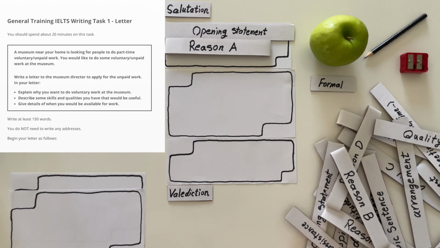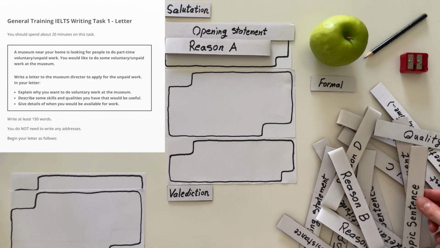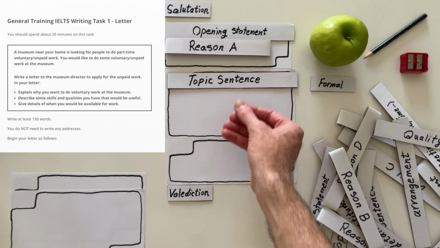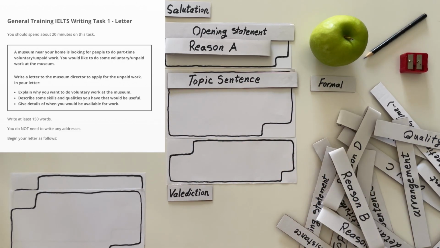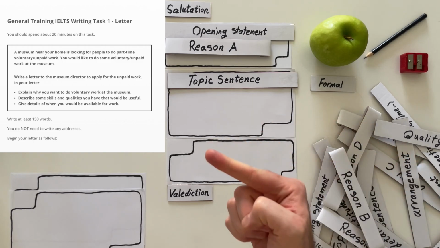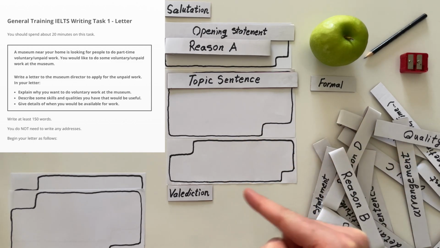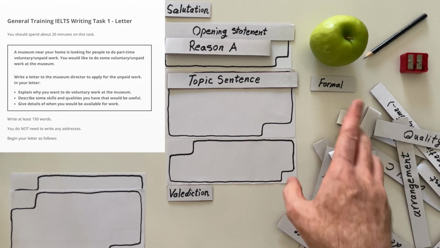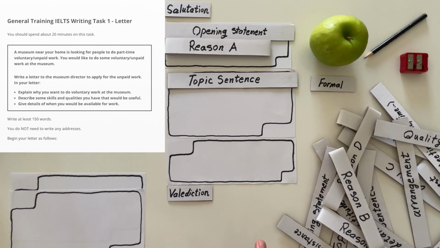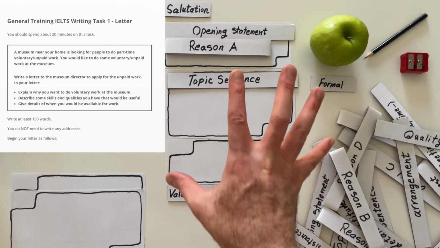The next one, we need a paragraph. And in the paragraph, we are going to address by saying why me, why you, why this application, not other people's application, why the director needs to pick this one.